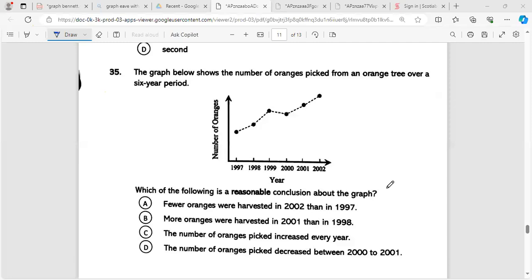No, you can discuss and tell us what you think. A? I say A because when I was looking at each number and using the table to assess the questions, it says more oranges were harvested in 2001 than 1998.